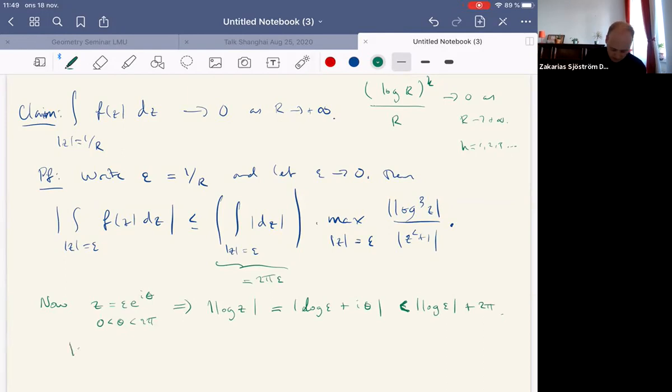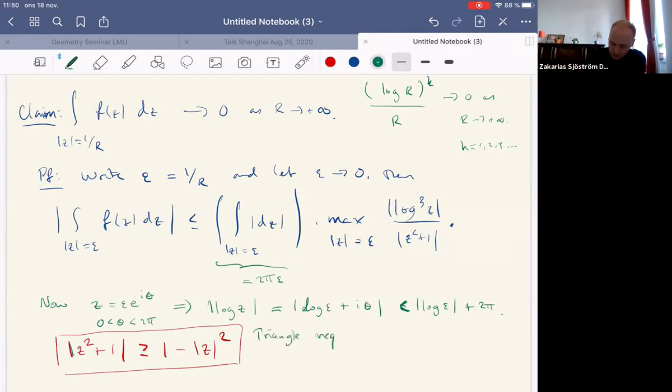So this was the first thing. The second thing, this is very useful. So it's so useful that I will write it in red. So note that the absolute value of z squared plus 1 is larger than or equal to the absolute value of 1 minus the absolute value of z squared. So this is used a lot in these integrals. So what is the proof of this? Well, it's elementary. It's just the triangle inequality, but in a maybe unusual form.